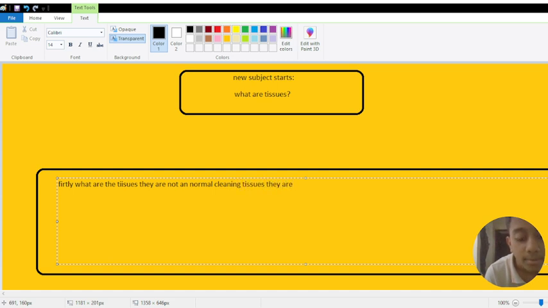They are formed in our body, and there are so many types of tissues, like epithelial tissues, connective tissues, muscle tissues, nerve tissues, and the last one, cranial tissues.